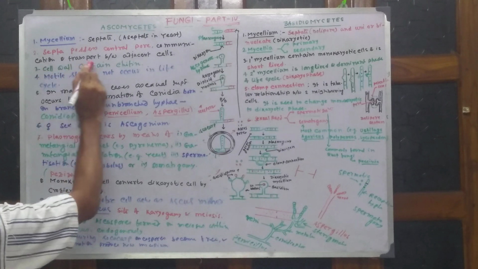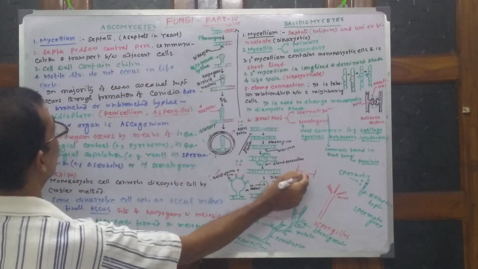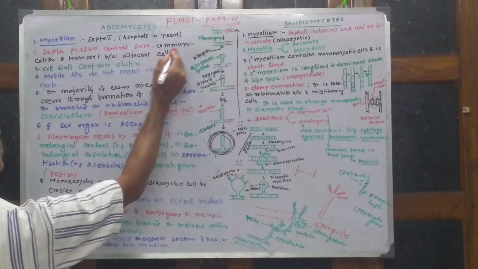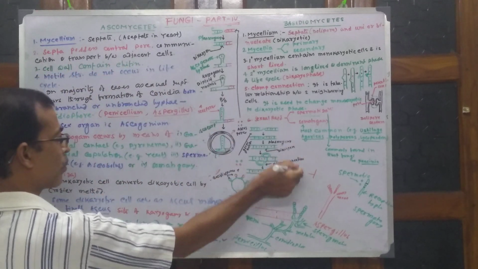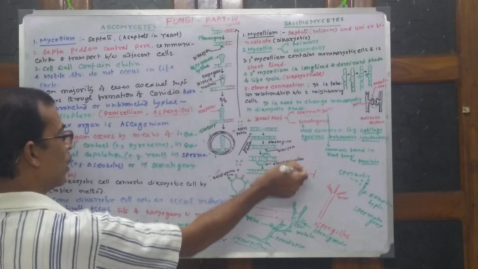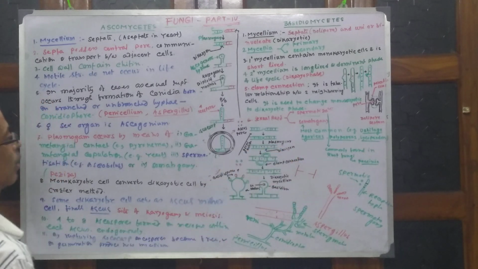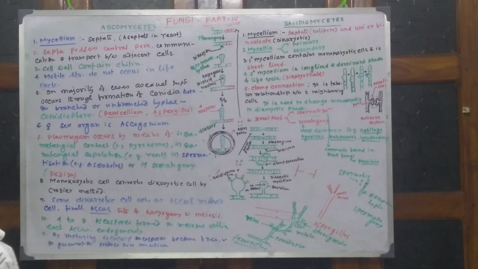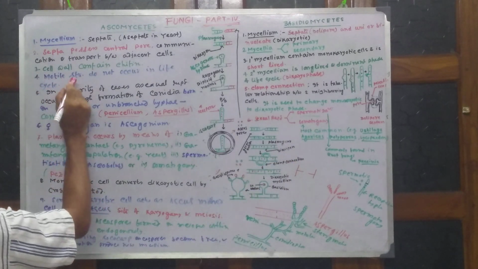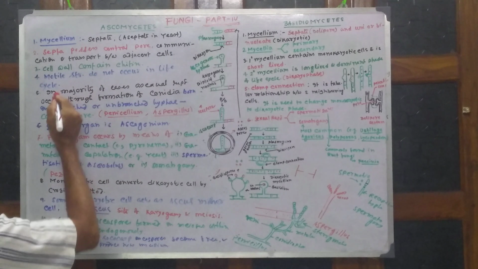Septa possess a central pore for communication and transport between adjacent cells. The function of the central pore is to connect the two adjacent cells to shift the contents from one to the adjacent cell.